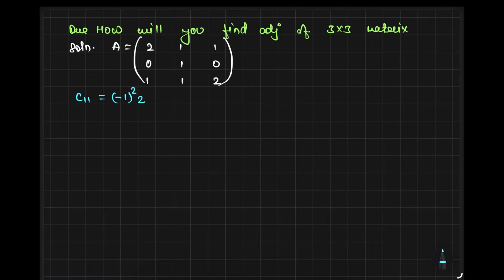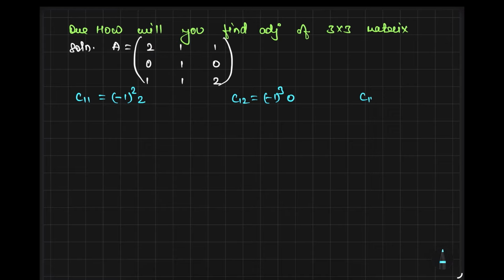Okay, so this is your C11. Then C12, minus 1 power 3, we will hide this, we will hide this, and then 0 into 2 is 0, 1 into 0 is 0, 0 minus 0 is 0. So this is your C12.